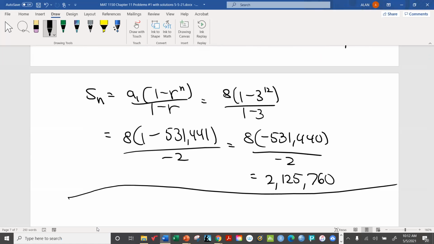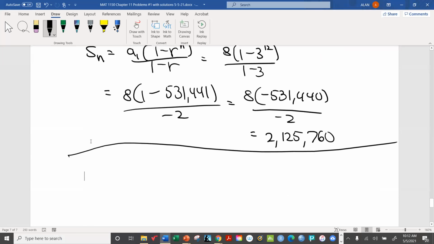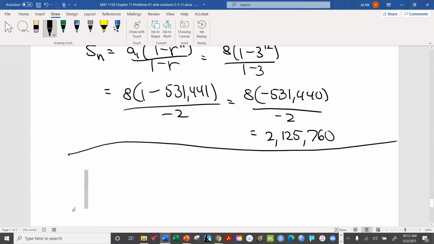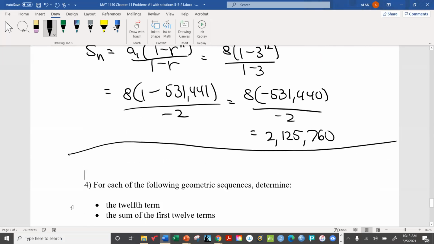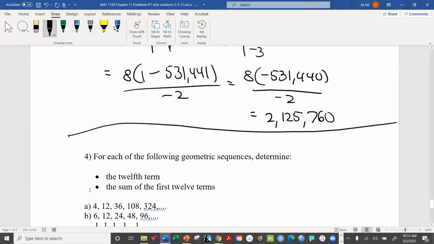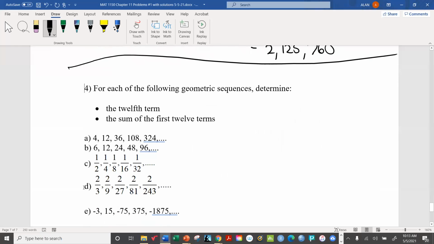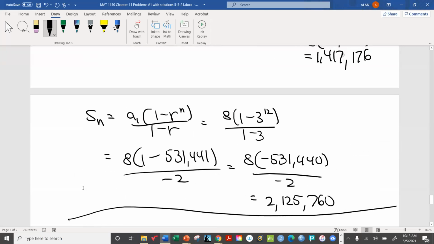So that's actually it for question 3. The fourth and final question is another question about geometric sequences. These are a little bit more challenging because they involve fractions and potentially negatives. Ooh, yes, they do. But we know how to handle them.